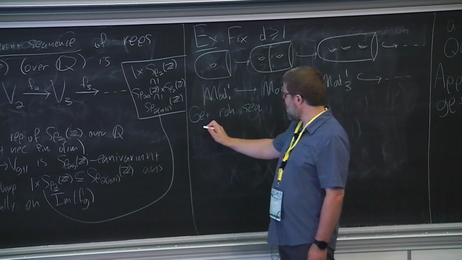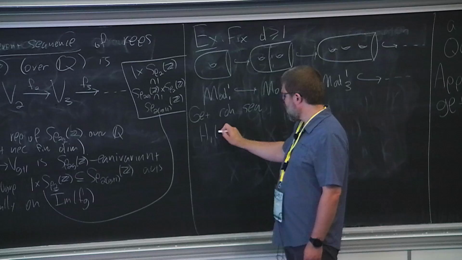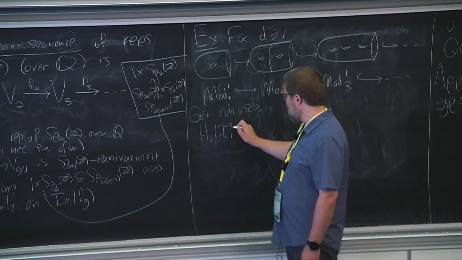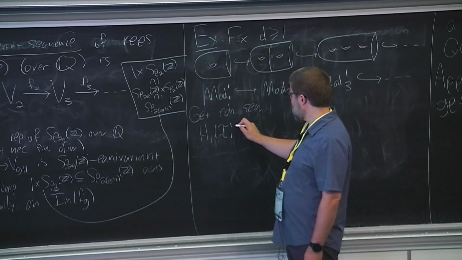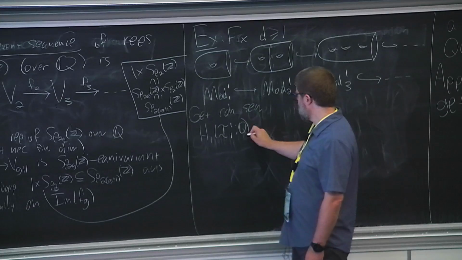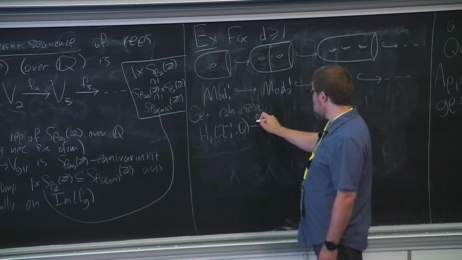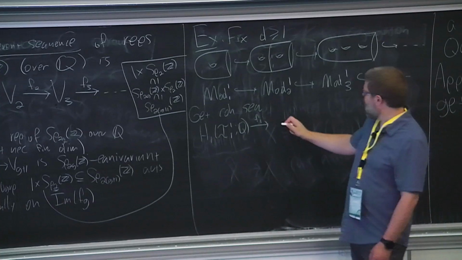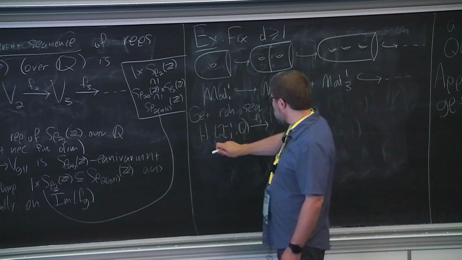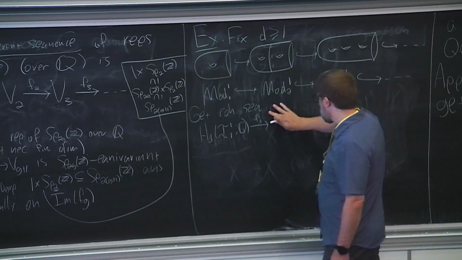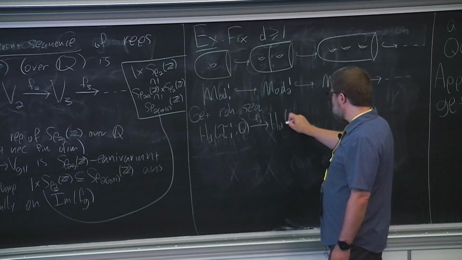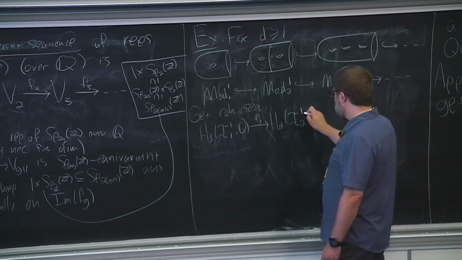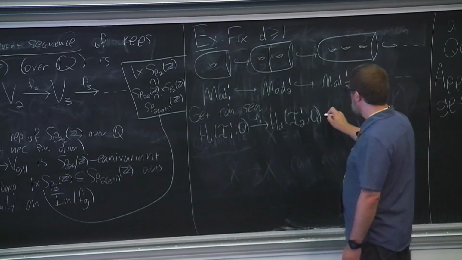So what we do is we just take HD of Torelli 1, 1, say with Q coefficients. We get a map F1. It's the map induced by the restriction of that inclusion map into HD of Torelli 2,1 with Q coefficients.